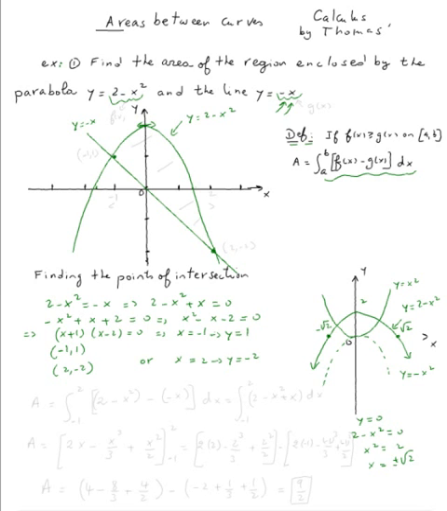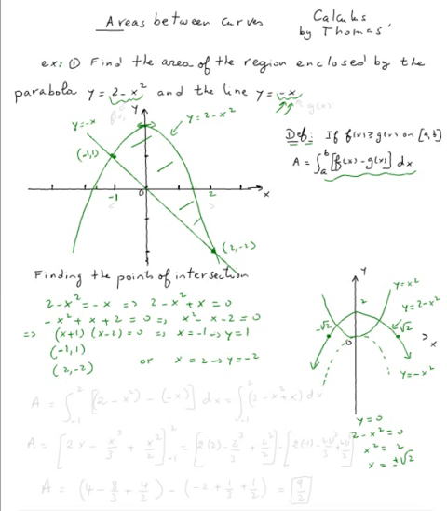So we're interested to find this area. Remember these points: this point we said is negative 1, 1, in other words, this is negative 1. And then this point is 2, negative 2, which means this is 2.